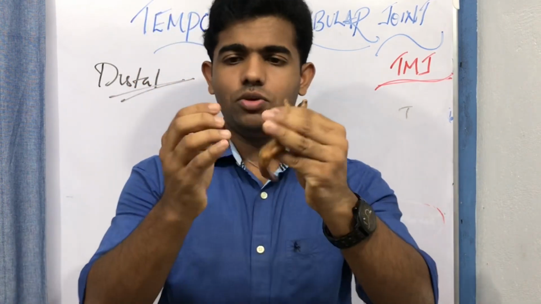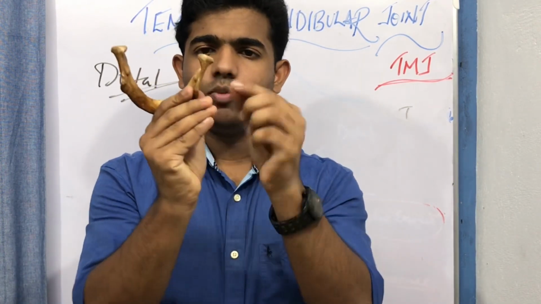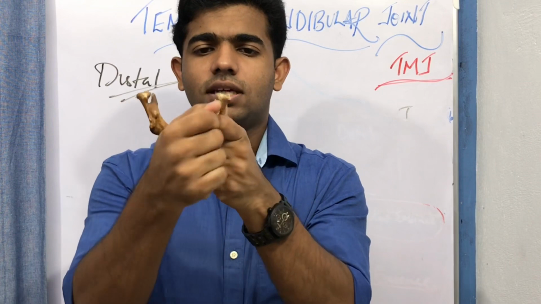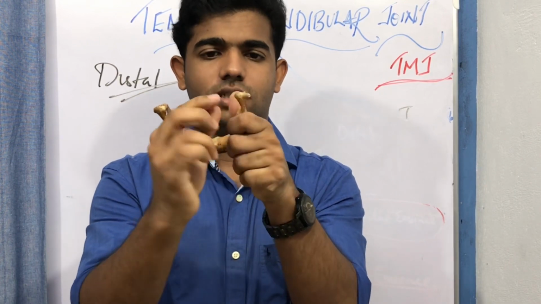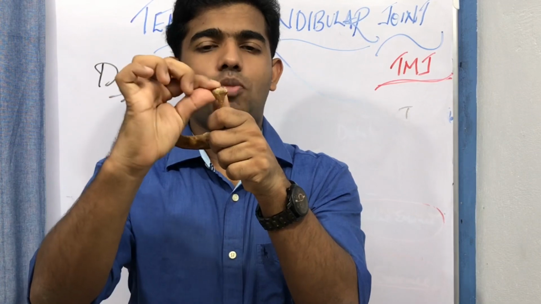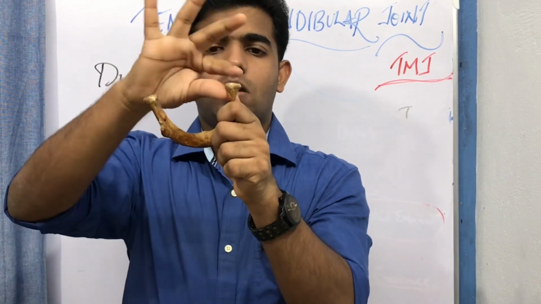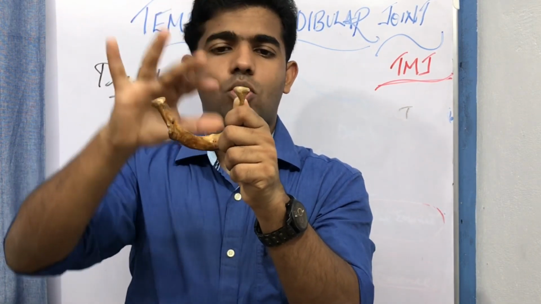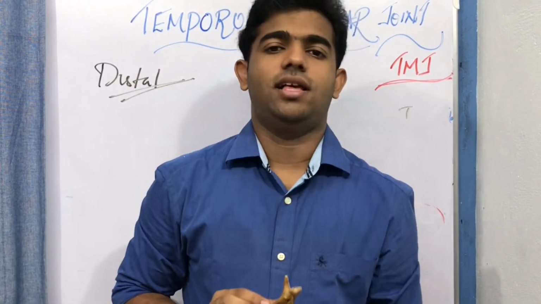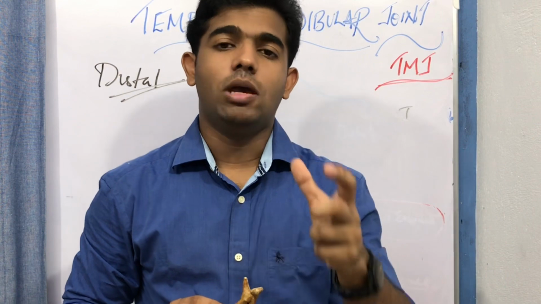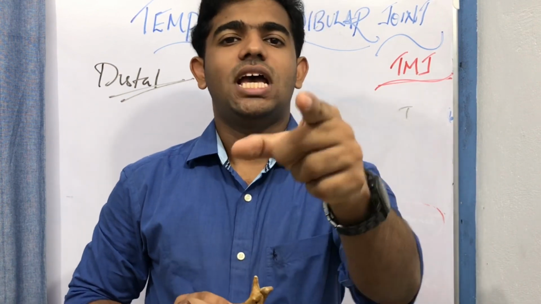More importantly, you see this one. In this posterior view, you can see that it is slightly expanded in this direction and in this direction. That is, it has a medial pole, which is toward the midline, and a lateral pole. So the mandibular condyle has a medial pole and a lateral pole.